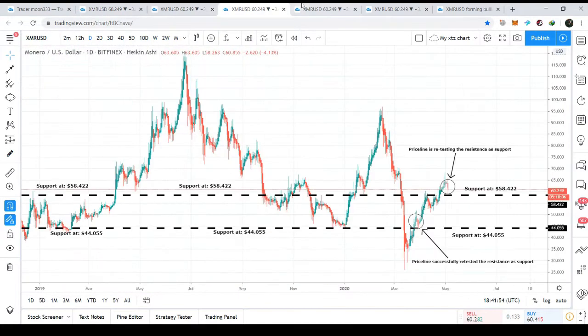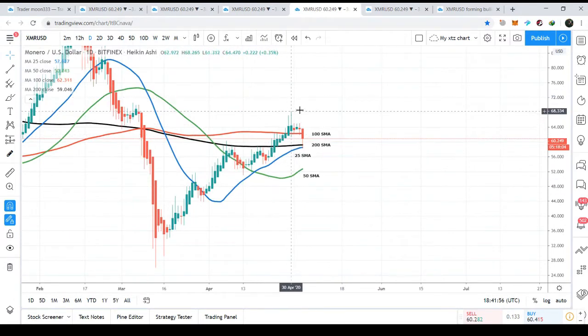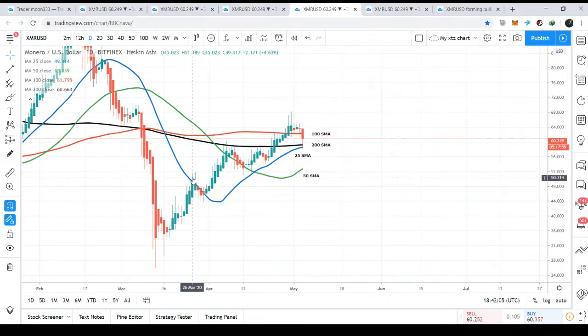And if we see the moving averages on the daily chart, then we can see that the price action turned very strong bullish after the month of March, and we can see that first it has broken out this 25 moving average, and it has also retested this moving average as a support.